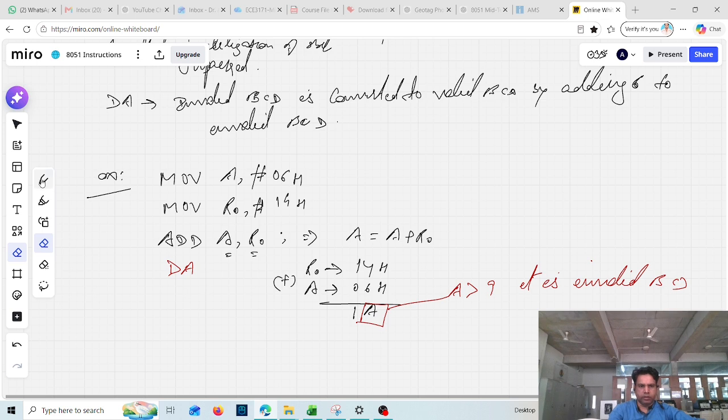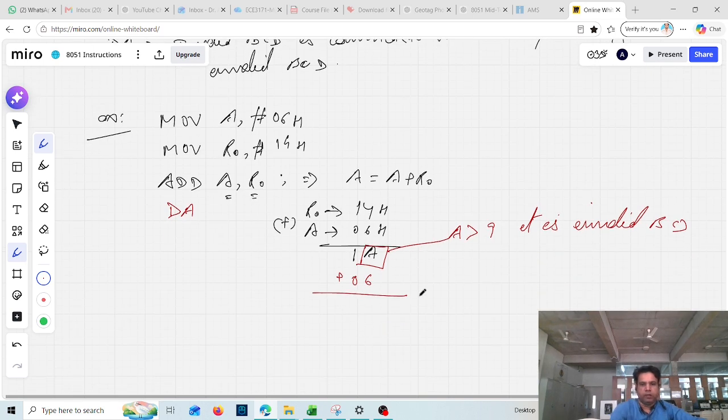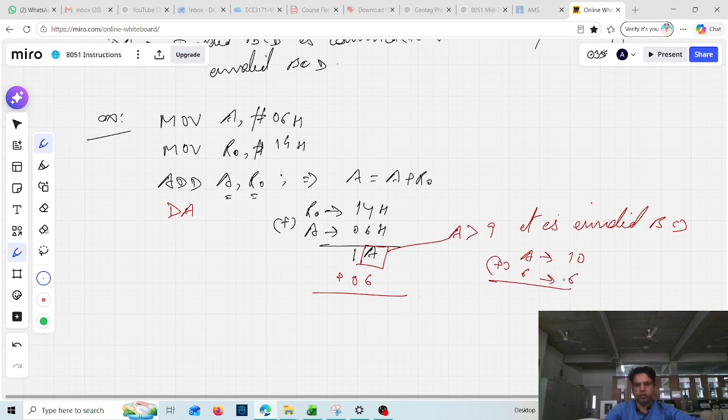Now let's see what the situation is here. A 6 will be added to this number. Let us take this A, which is 10 in decimal, and add 6, which is again 6 in decimal. So 10 plus 6 is 16. Now we convert this 16 to hexadecimal by dividing by 16, and I get 10H.